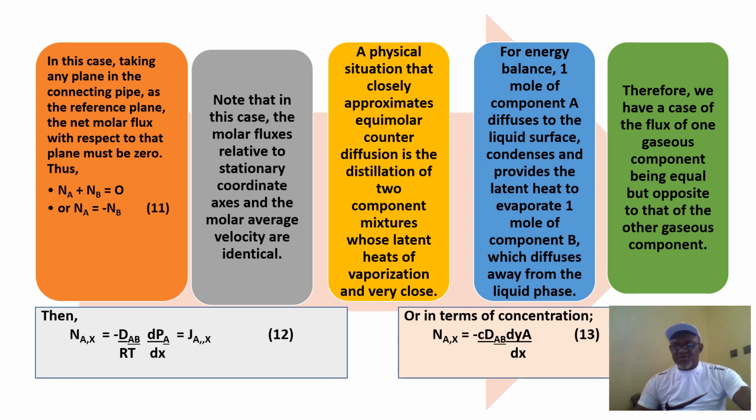Therefore, we have a case of a flux of one gaseous component being equal but opposite to that of the other gaseous component. So we now have this equation 12 and equation 13, of course, in terms of our equimolar counter diffusion equation.